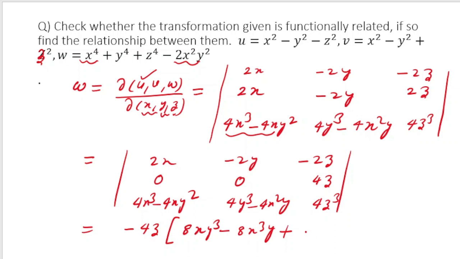So 4 into 2, 8x cube y, and it will be minus 8xy cube. So what will I get? 8xy cube and 8xy cube, and 8x cube y and 8x cube y. So that will become equal to 0.